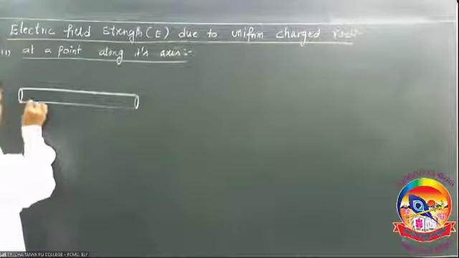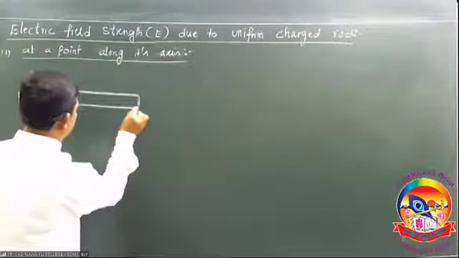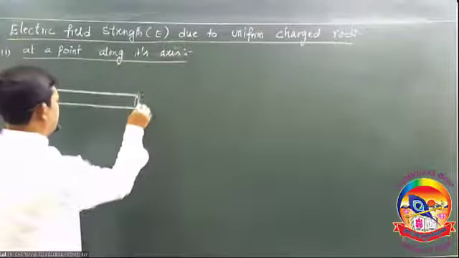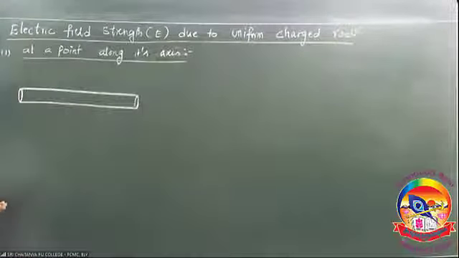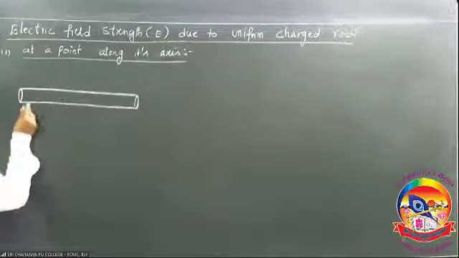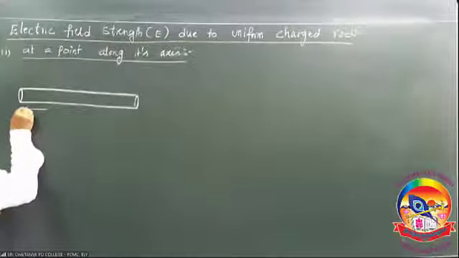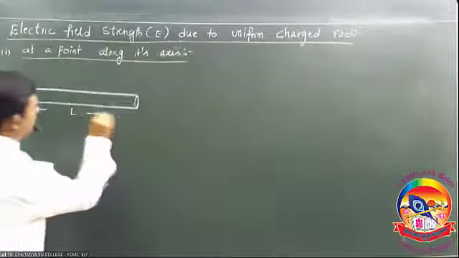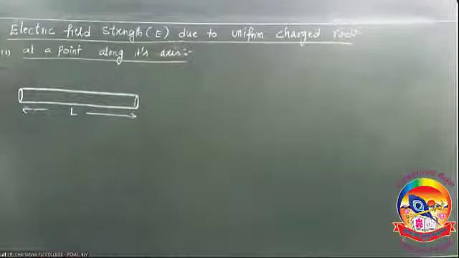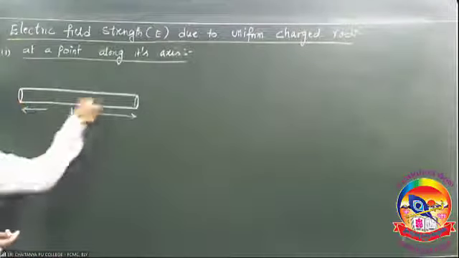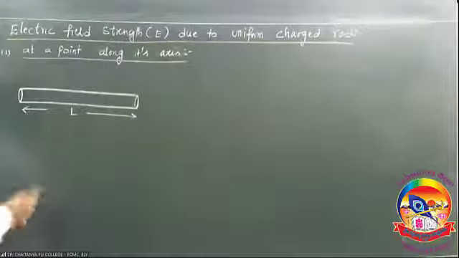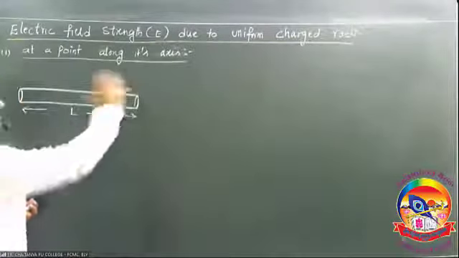This is a charged rod. A charged rod of length L. There is a charge on this rod. This total rod is charged.